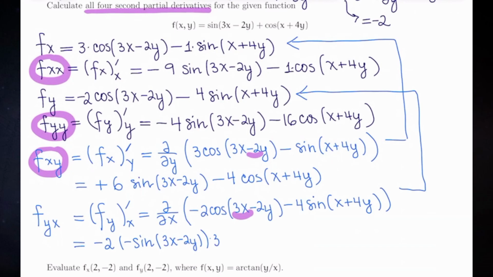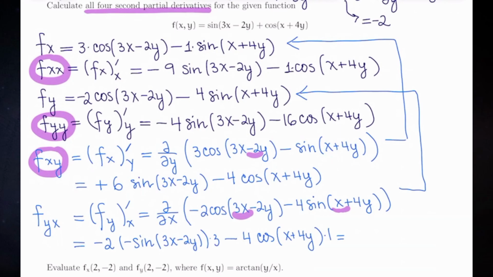And then the derivative of sine is cosine, right? So this would be negative 4 cosine of x plus 4y times the derivative of the inside with respect to x, and that's 1.